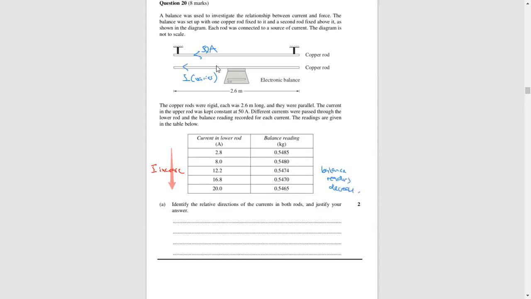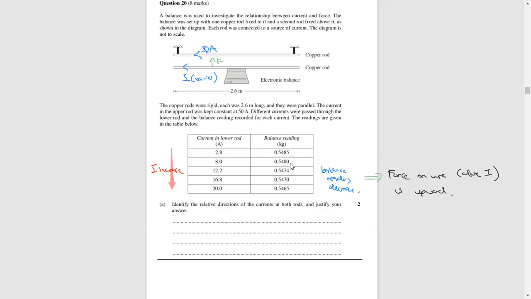That would suggest that as you increase the current, the force you're getting is upward. So this tells us that the force on the wire due to the current is upward. Hence the balance readings going down.